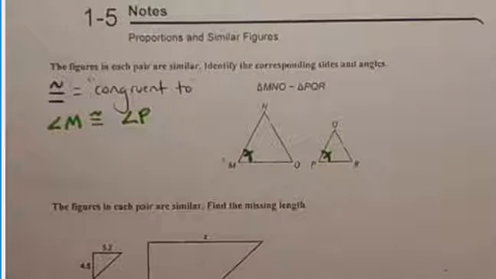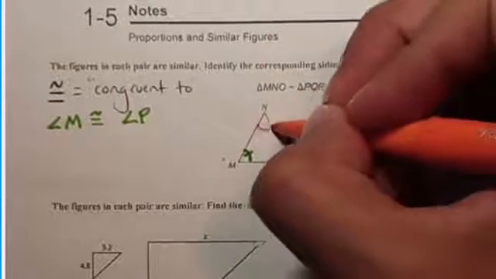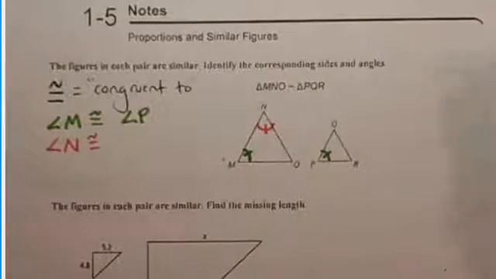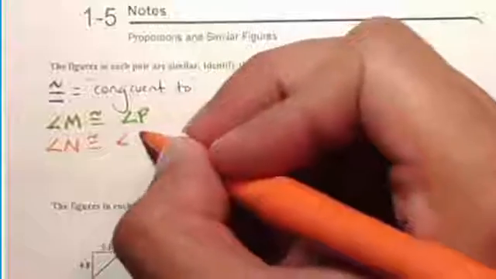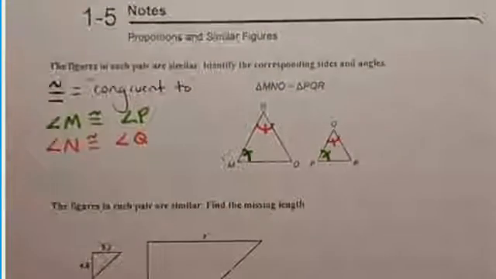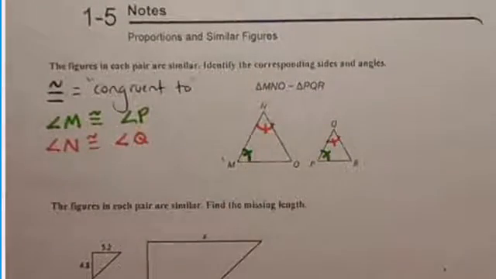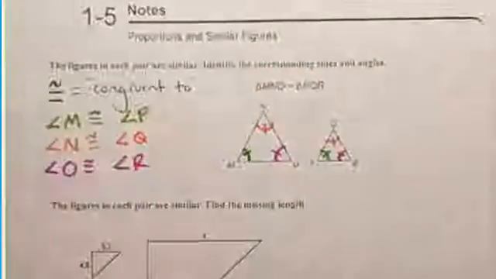Again, these are your notes, so you can use whatever you want on them to make sure that you understand the concept. If I choose another angle, let's say angle N, what angle is angle N congruent to on the smaller triangle? You should have said angle Q. Which leaves the last two angles, angle O and angle R, are congruent to each other.